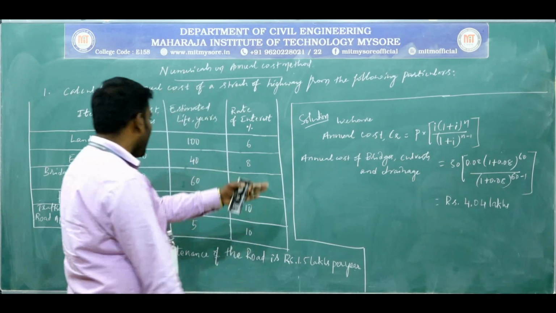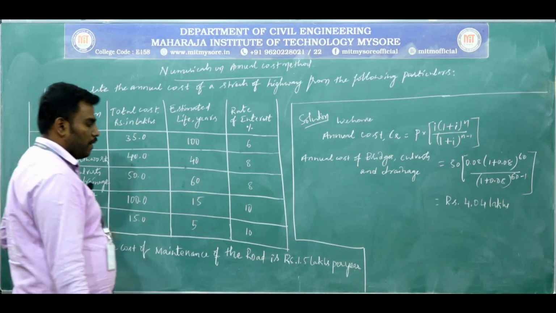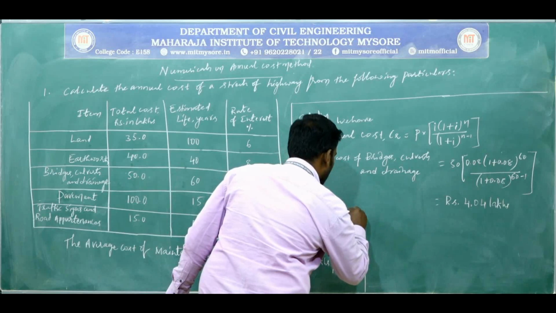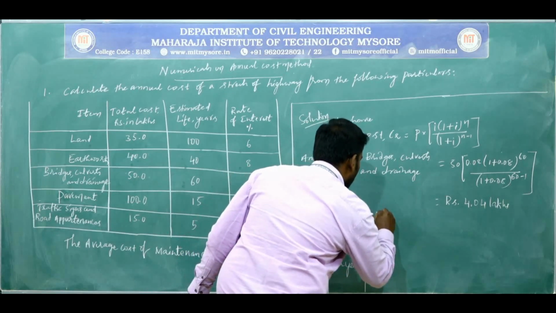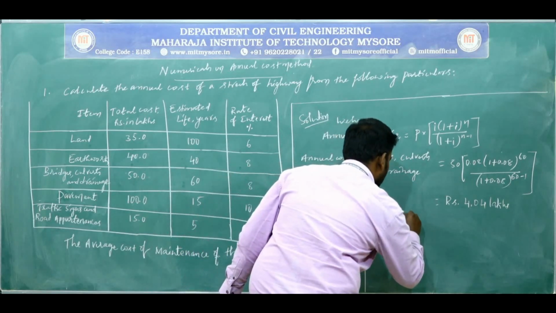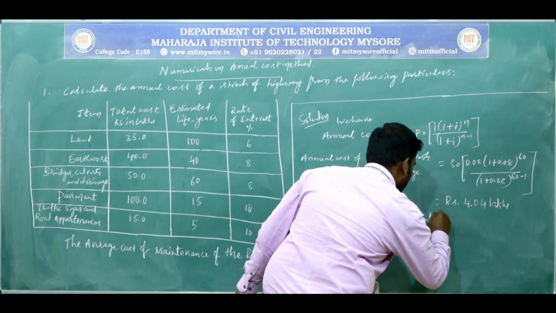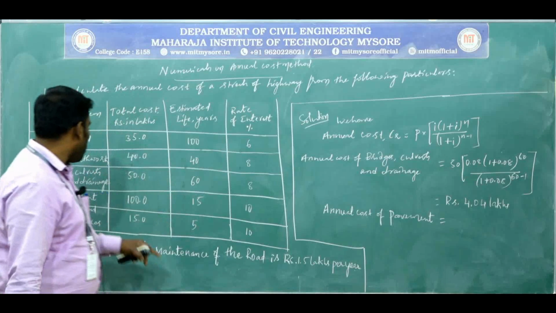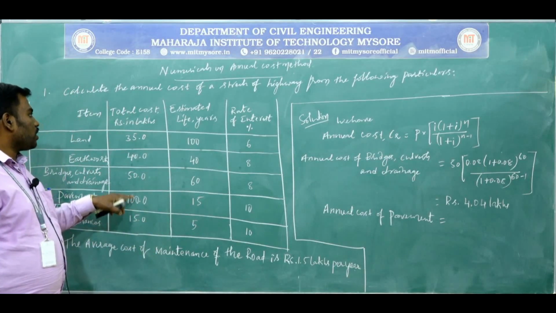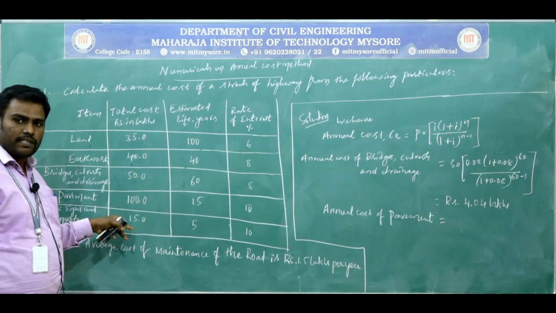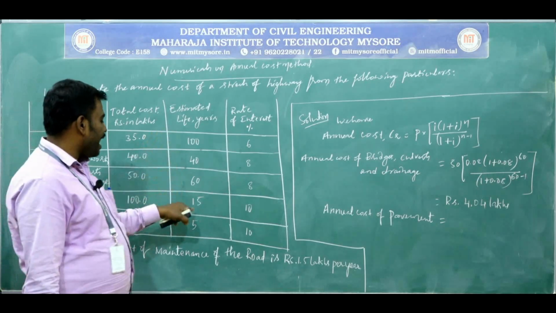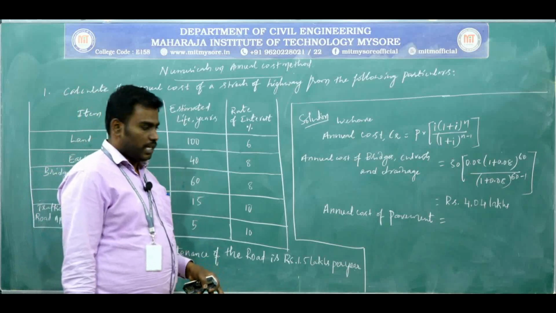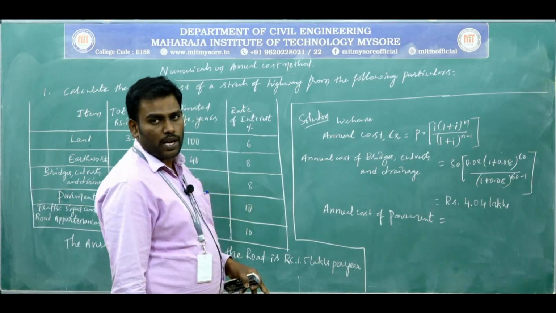Okay, similarly find the annual cost of the next item, pavement. For the pavement, the investment cost is 100 lakhs, estimated life is 15 years and rate of interest is about 10%, that is 0.1.